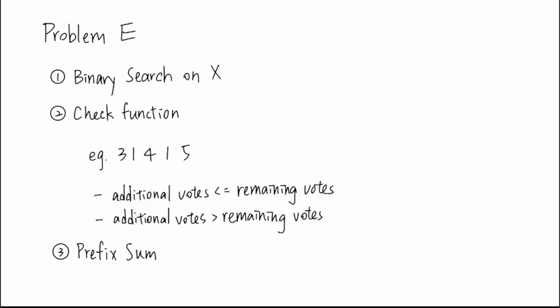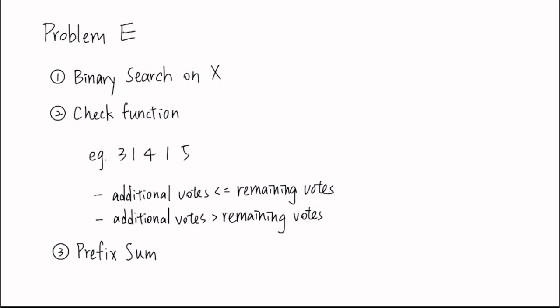Let's look at the algorithm for this problem. We notice that we need to compute the answer for all of the candidates, which takes linear time. And so we can't directly loop through all of the values that they need to increase by, because that would take another factor of k.